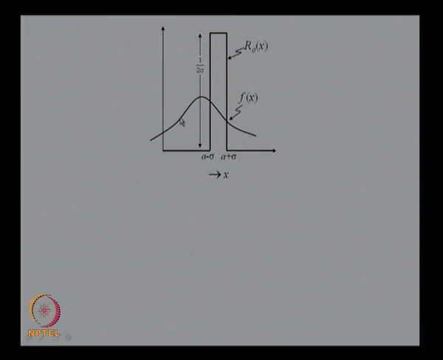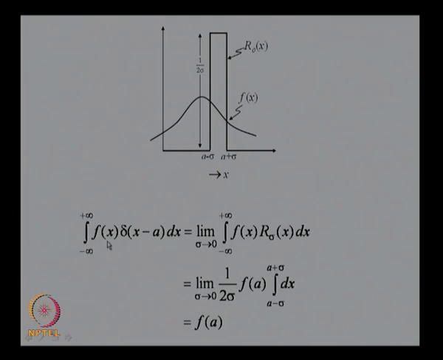Now, the product of this function and the rectangle function in this region is 0. The product of two numbers is 0 if one of the numbers is 0. So, the product of f of x and r sigma of x is 0 excepting in the domain a minus sigma to a plus sigma. Why? Because r sigma of x is 0 here.